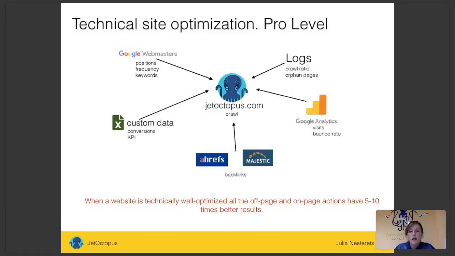So it is better to have crawling data, logs data, Google Analytics, Google Webmaster data, custom data, and then Ahrefs and Majestic.